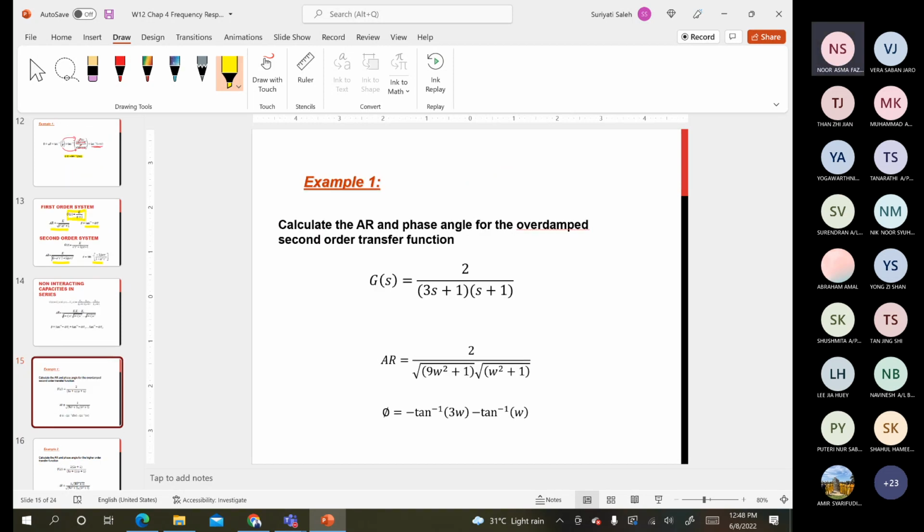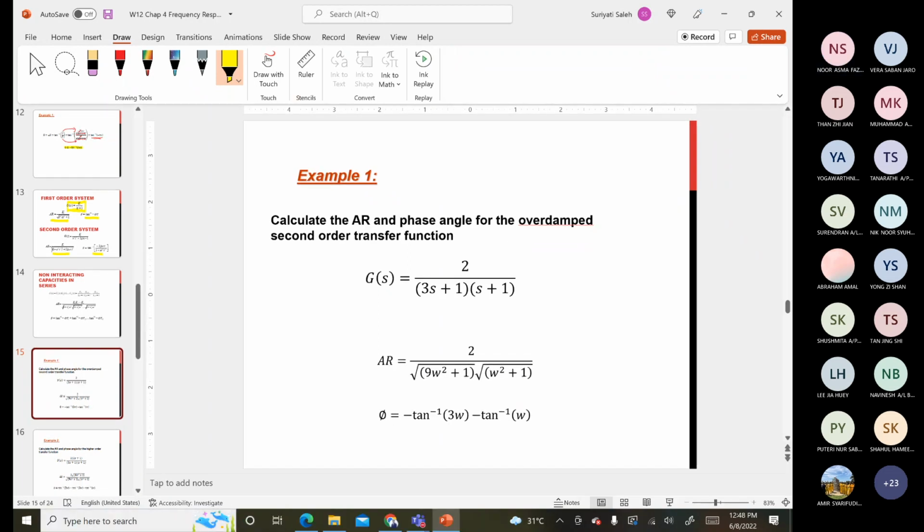So in this case, let's take a look at this part, when we have the AR and the angle for the overdamped second order. So this is the direct part. If you have the first order or second order, we can take directly how to form our part.